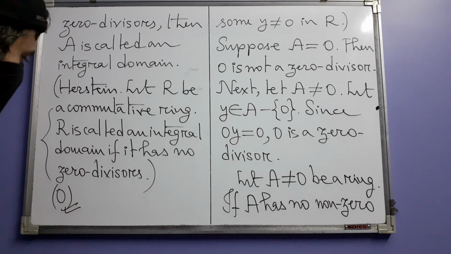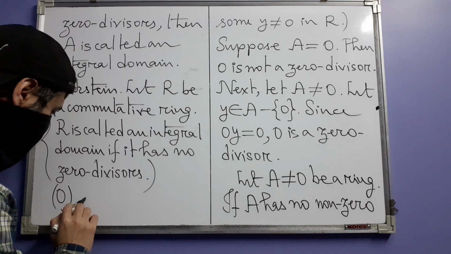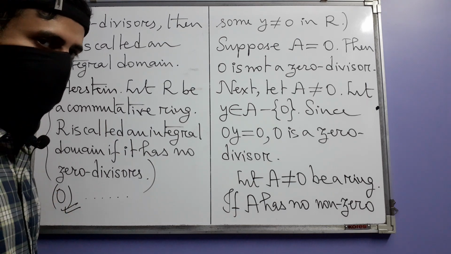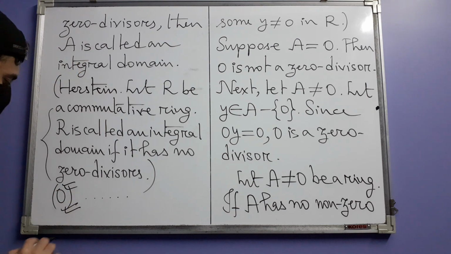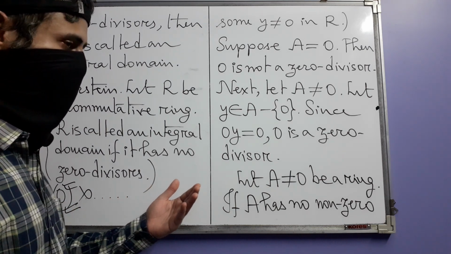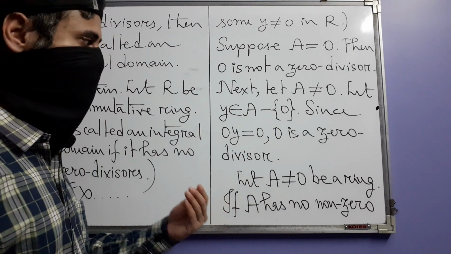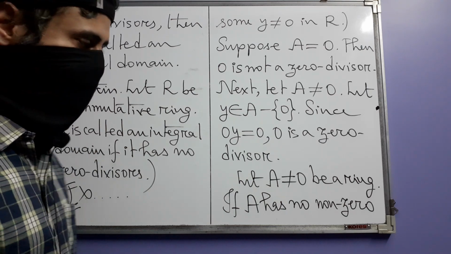Now, one such result which fails is this, that every finite integral domain is a field. This is a finite integral domain. Is it a field? No. And this is where Herstein makes a little mistake when he just simply, I should say carelessly, states every finite integral domain is a field.